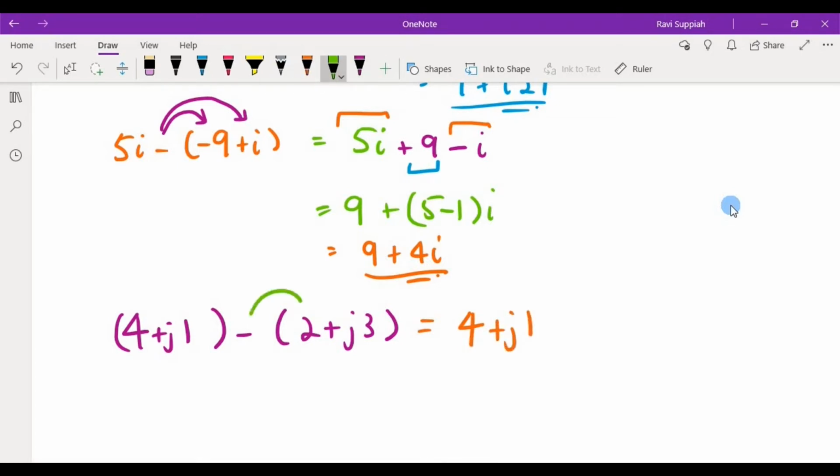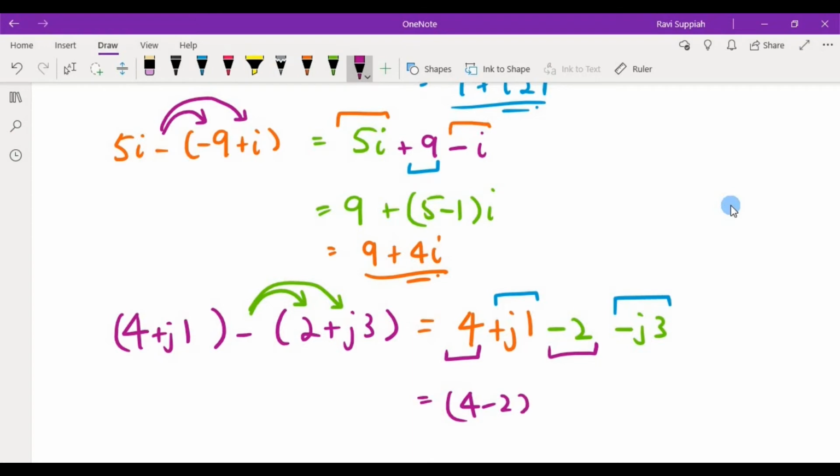Now for here, I multiply inside. So minus 2, negative and positive is negative j3. So the real numbers are 4 and minus 2. The imaginary numbers are plus j1 and negative j3. So what I have is 4 minus 2 plus j times 1 minus 3. So the final answer would be 2 minus j2.